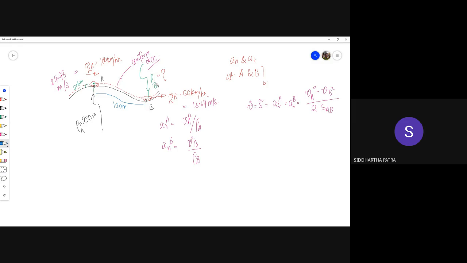This time rho B is not given, you are being asked to find rho B. What has been mentioned is that the total acceleration at A equals the total acceleration at B. If they are to be the same, what does that mean? First, it is uniform deceleration, which means AT at A equals AT at B. Now, if the magnitudes of the acceleration are to be the same, the normal components must also be the same, but there needs to be a correction.